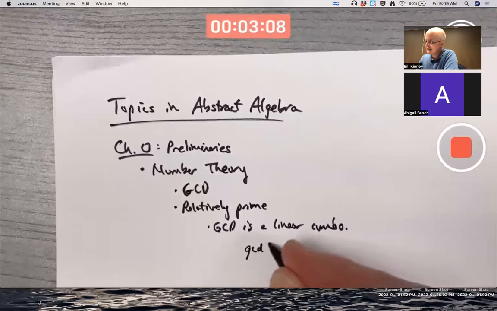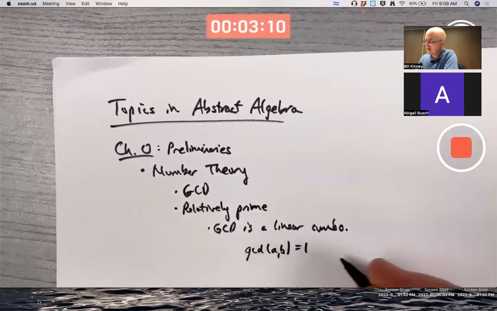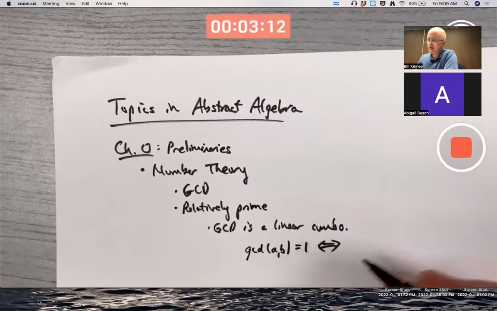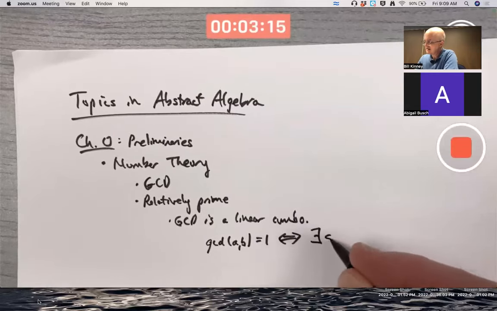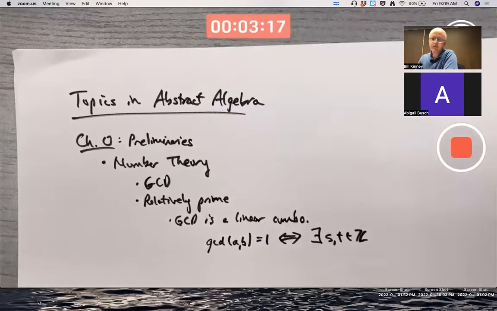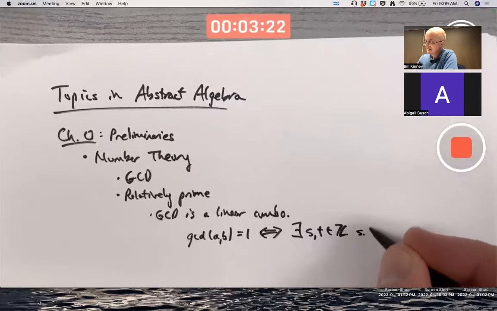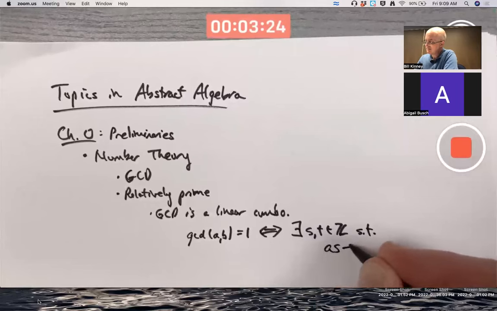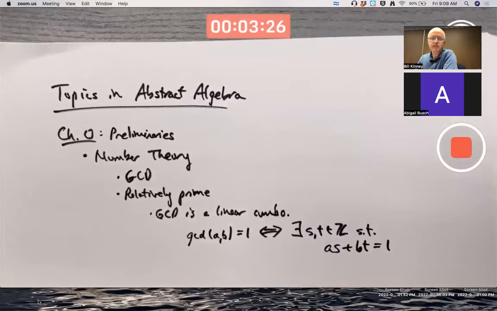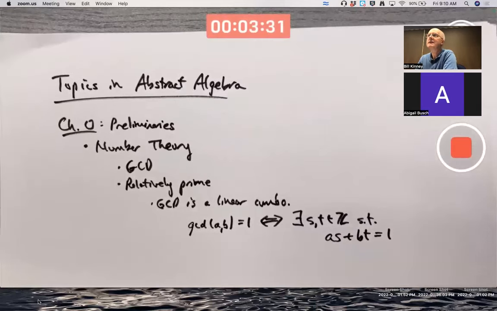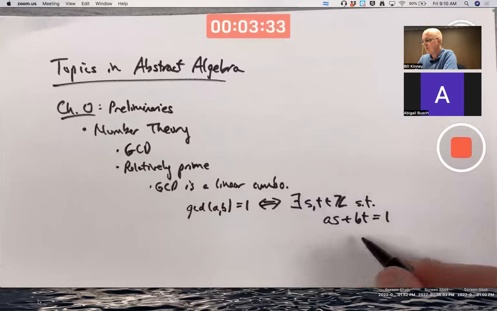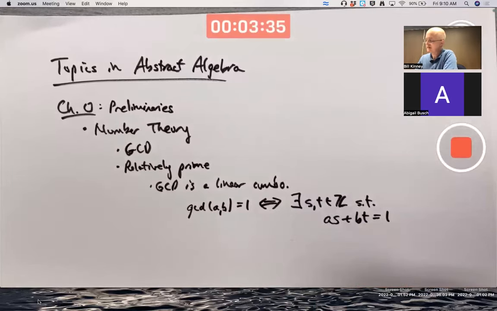GCD of A and B equals 1 if and only if there exist integers S and T, one of which will have to be negative, such that AS plus BT equals 1. Effectively, an integer linear combination of A and B equaling 1. And yeah, one of those S or T would have to be negative to make this work. That's a fundamental fact to know as well.